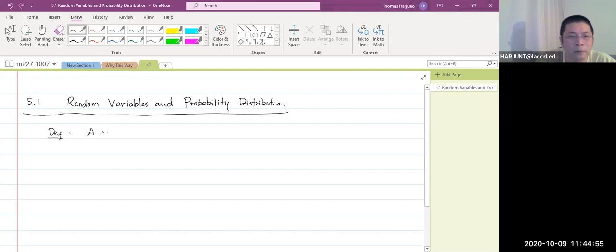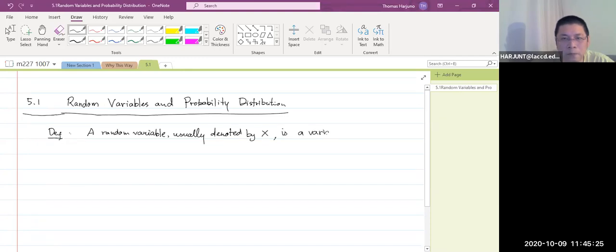A random variable, usually denoted by capital X, but it can be another capital letter, is a variable that has more than one numerical value.